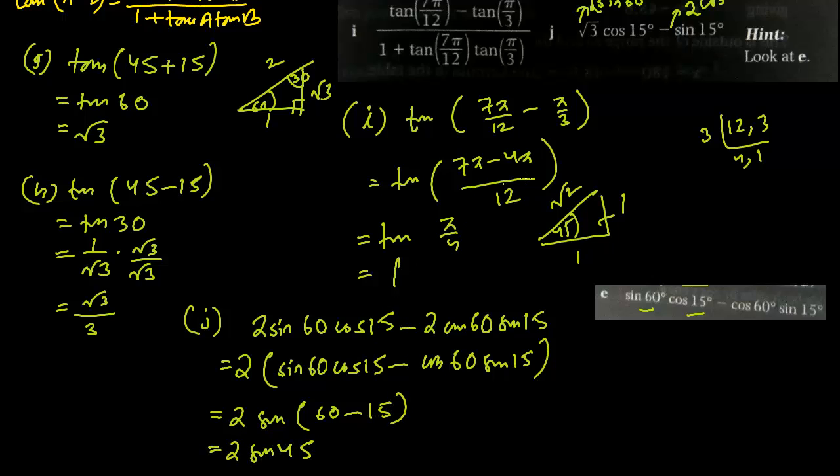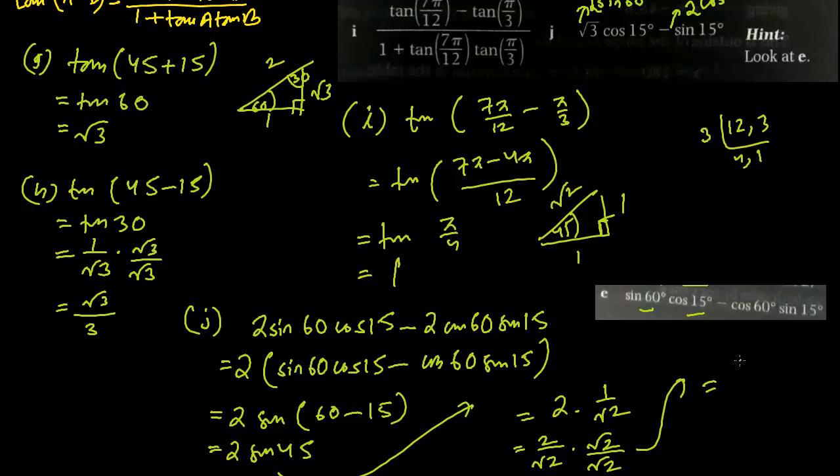And if you remember this right angle triangle over here, sine 45 is opposite by hypotenuse. So this is going to be 2 into 1 by square root of 2, or 2 by square root of 2. Now if you rationalize this and multiply square root of 2 upstairs and downstairs, it can also be written as 2 square root of 2 divided by 2. Square root of 2 into square root of 2 is 2, and we can write it as square root of 2.